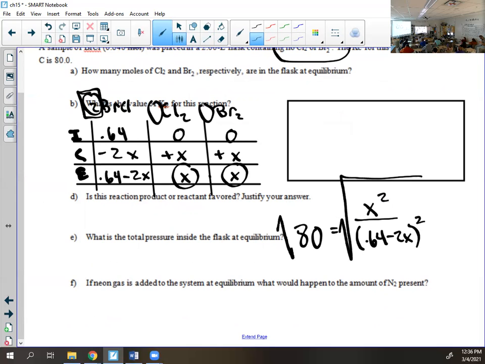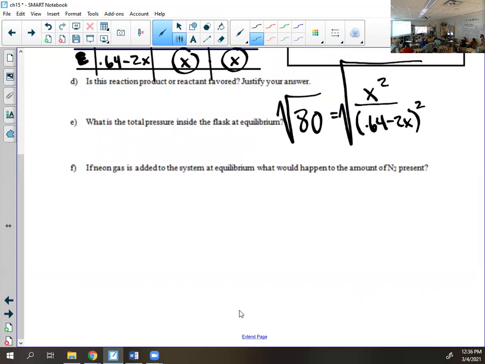Now, I have to square root both sides. Okay, now I'm coming down, and the square root of 80, Rollins was amazing. He was 1/100th off when I said, what's the square root of 80? He's like, probably like 8.94. It's 8.95. All right, so 8.95, that's the square root of 80.